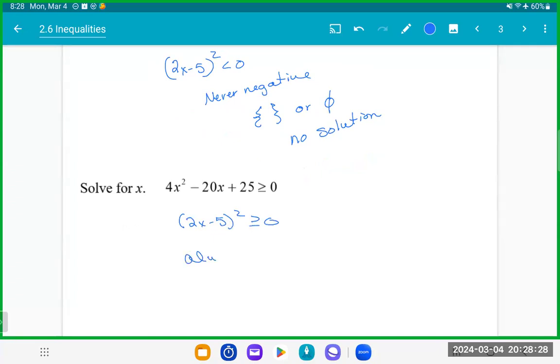Well, it's always positive or 0. So my solution would be negative infinity to infinity. So every value would be a solution if the equality was greater than or equal. Okay, question.